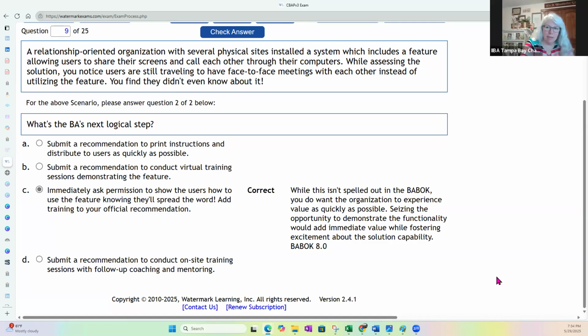The BABOK doesn't identify the format of your recommendation. It could be a business case. It could be something less formal, but you just need to make your recommendation. And then 8.5 recommends actions to increase solution value, gives a list of possible recommendations, including do nothing.